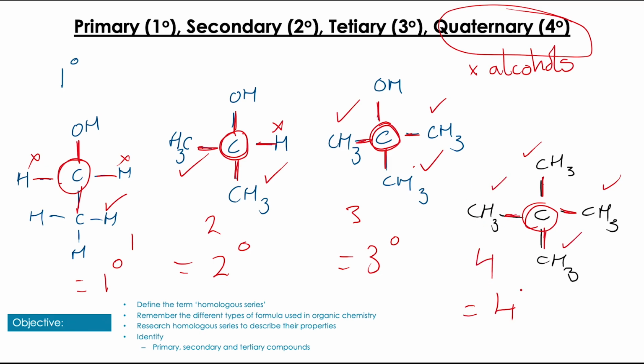That would break the octet rule. So in general, and we'll investigate this further in HL, we see a decrease in reactivity as we go from primary, secondary, all the way through to quaternary.